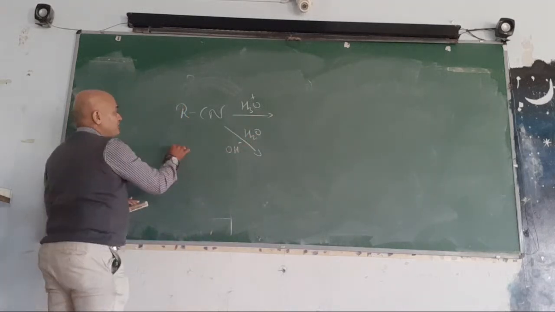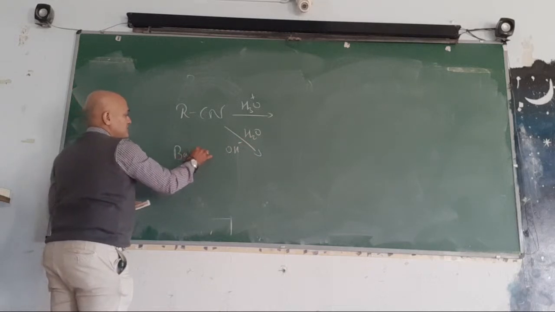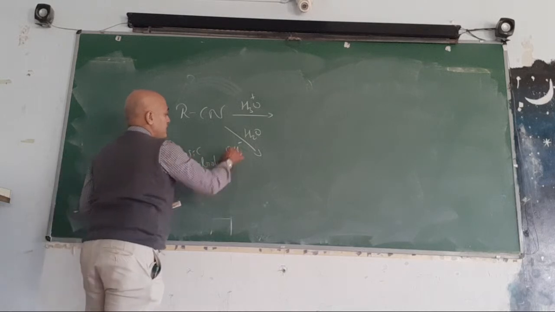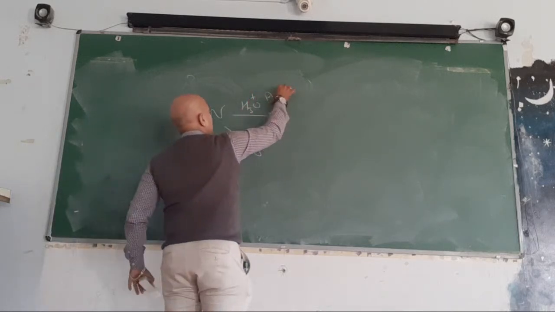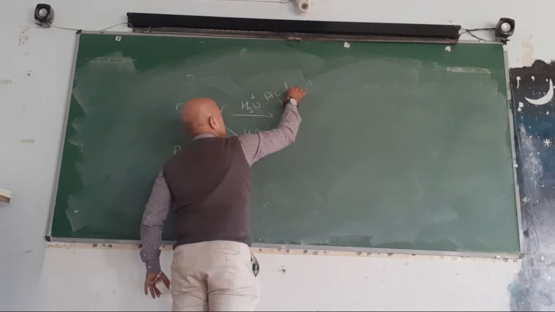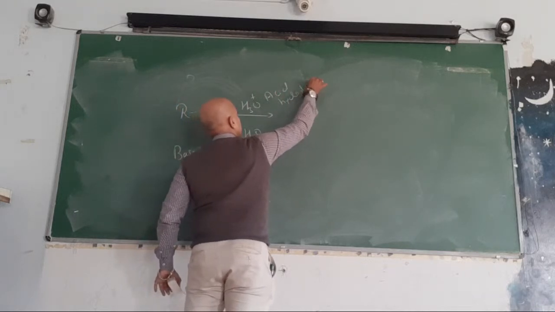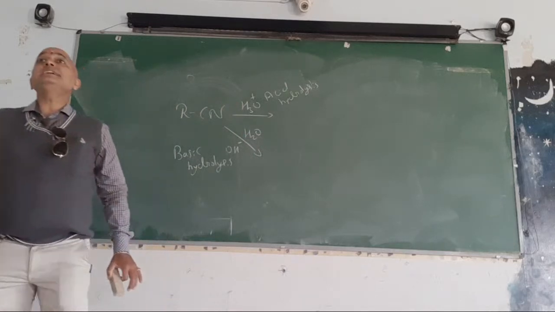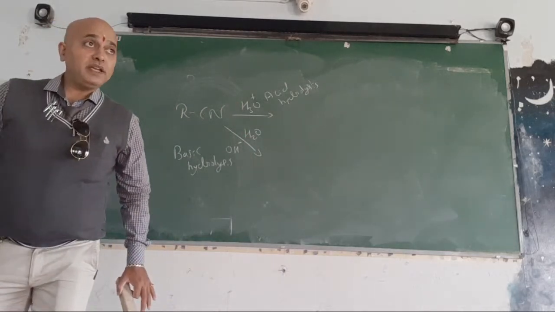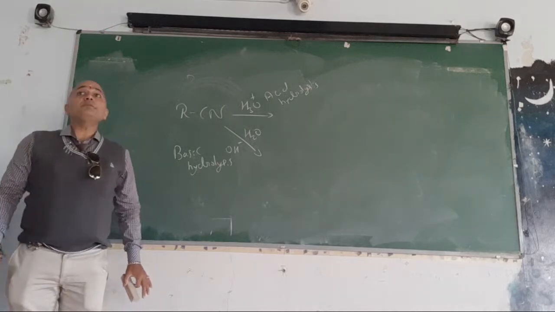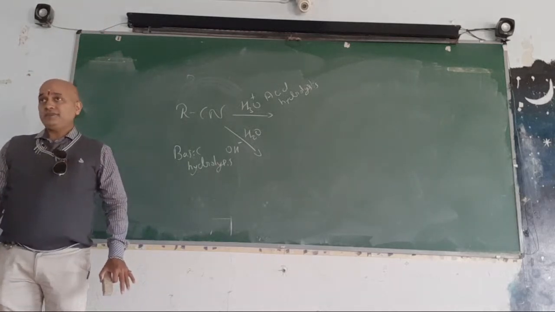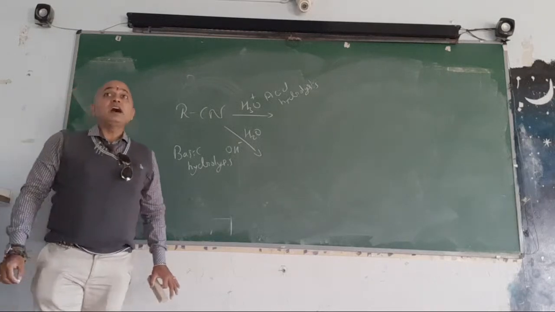So that's where we have the two conditions. So one is basic hydrolysis and another one is acid hydrolysis. Okay? So that's where there will be formation of an intermediate, which can be called as amide.